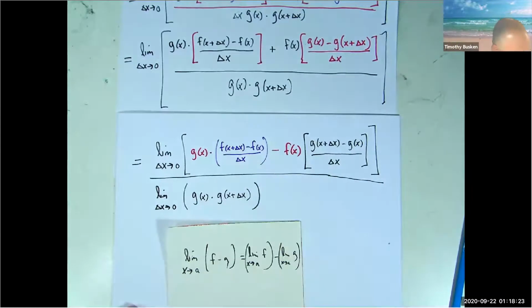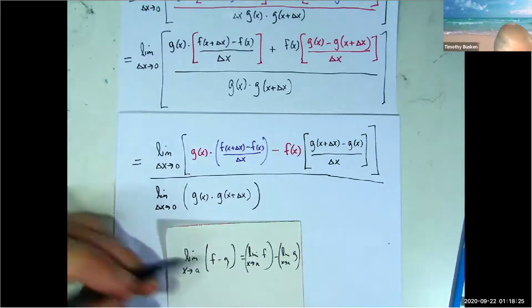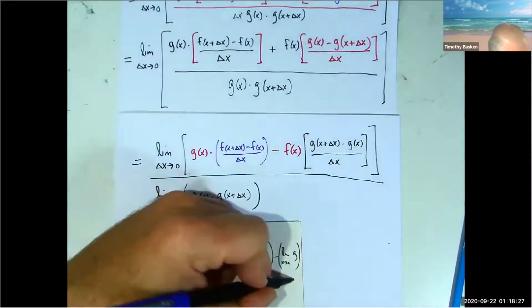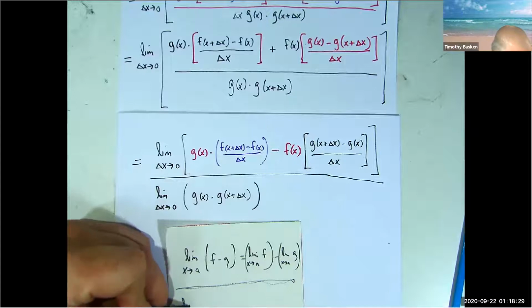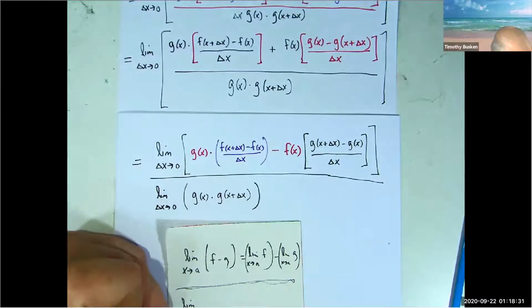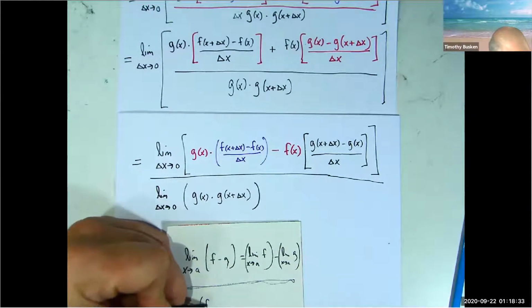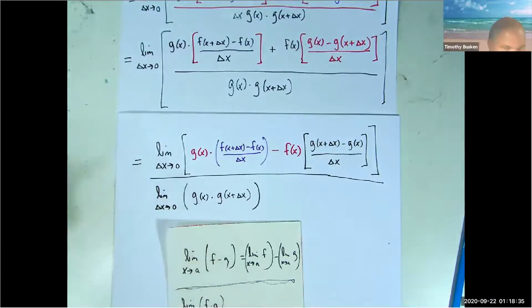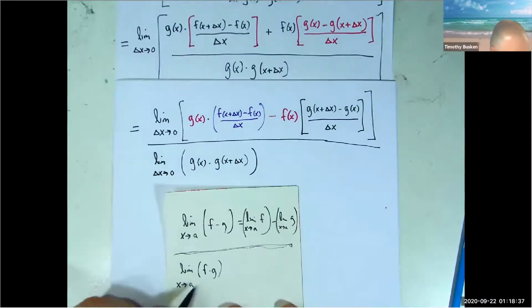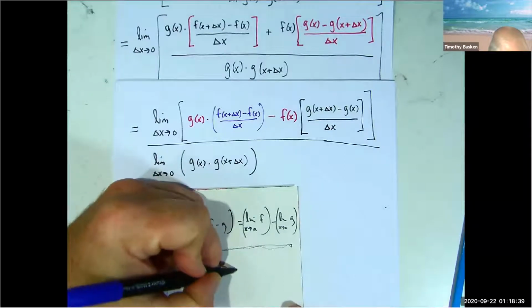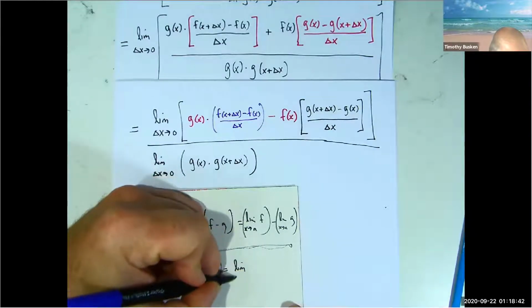But also in the numerator, I'm going to use the product property of limits. That's the one that says the limit as x approaches a of f times g, the limit of a product, is just equal to the product of the two limits.